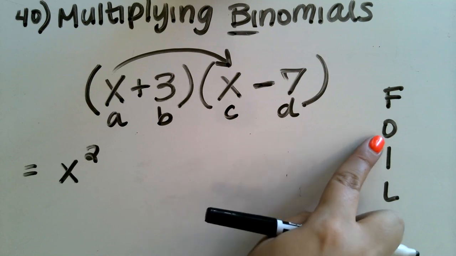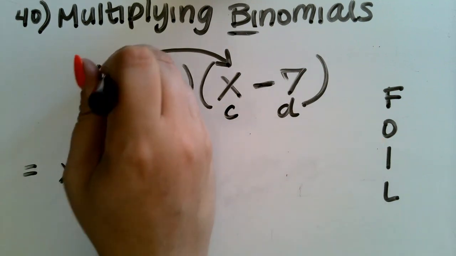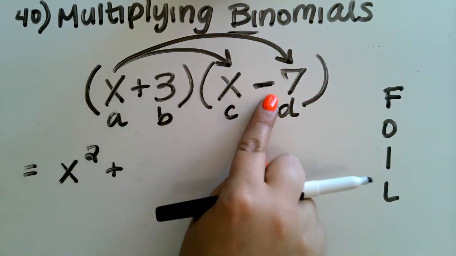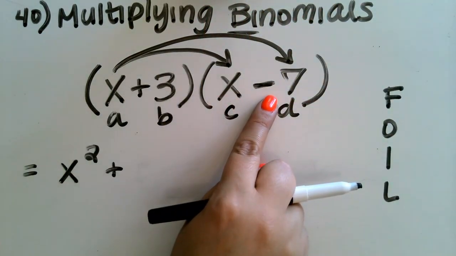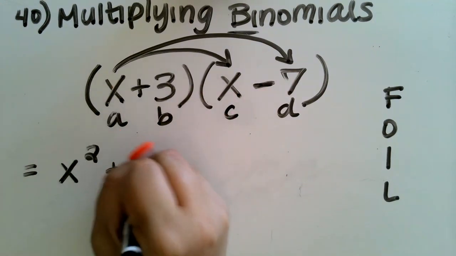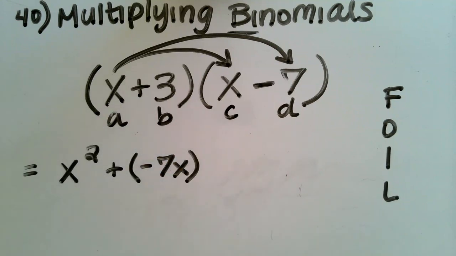Let's do our O. We always add them together. We're going to multiply x times negative 7. Now this time we have that negative thrown in there. Negative 7 times x is going to be negative 7x. We'll simplify in the next line.